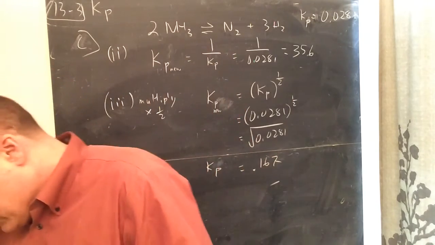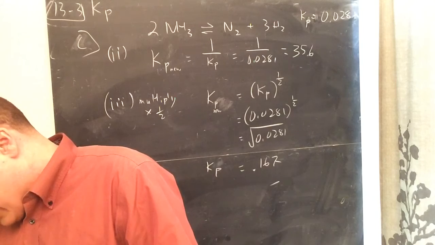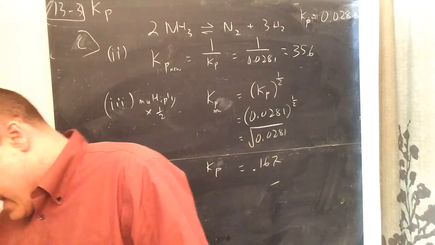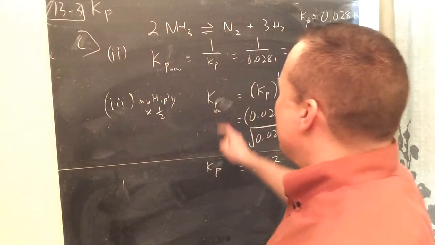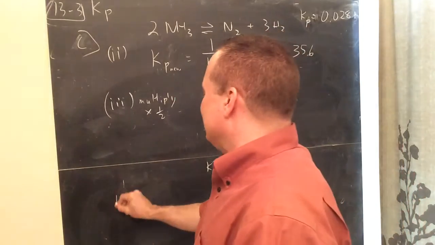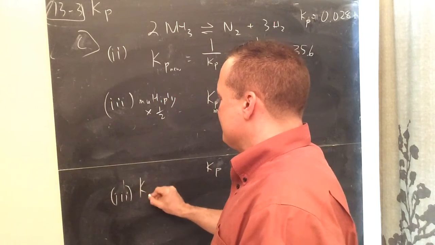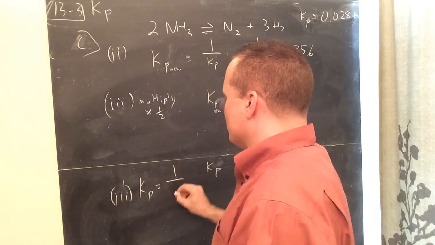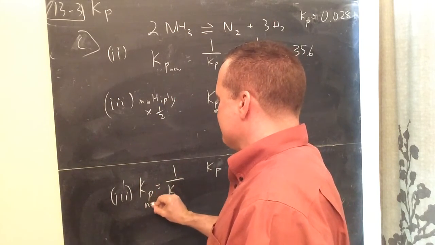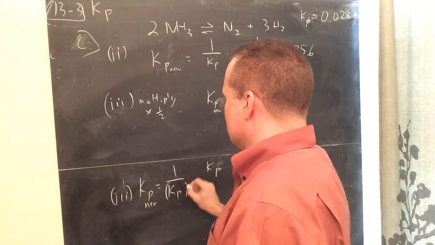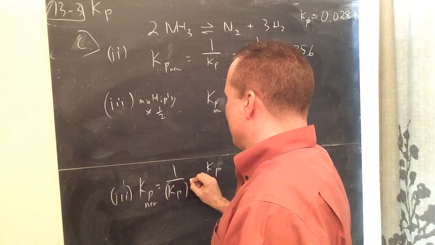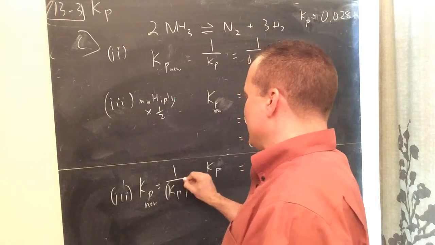And then the last one, 1/2 N2 and 3/2 H2. So now I have done both things. I've reversed it and I have multiplied by 1/2. So the new K is 1 over the original Kp to the 1/2 power. Okay, because I multiplied by 1/2.